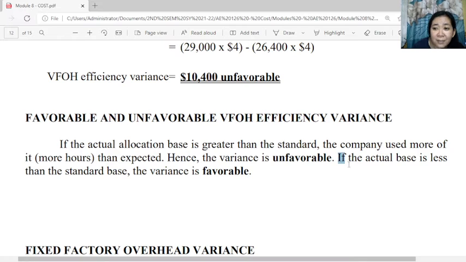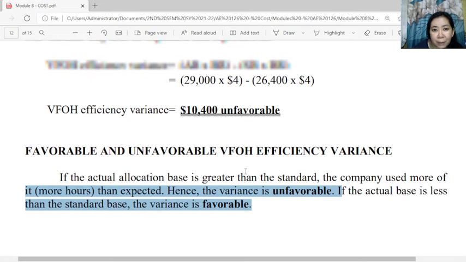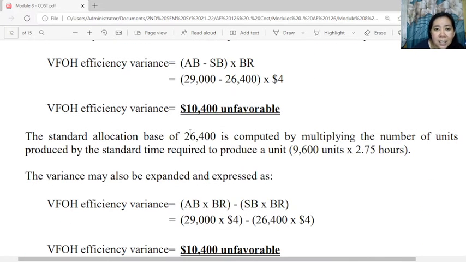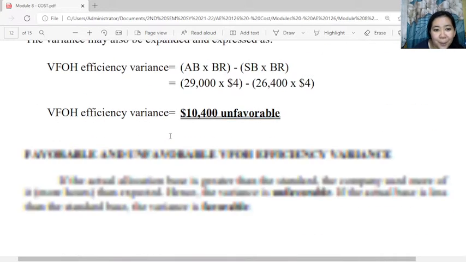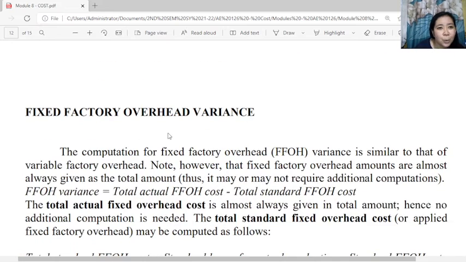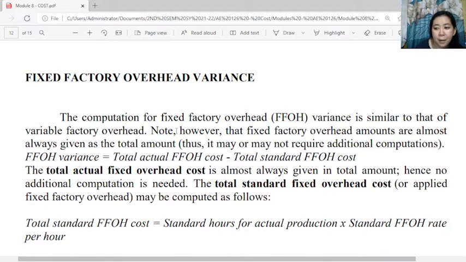On the other hand, if the actual base is less than the standard, the variance is considered favorable. In this case, since actual hours of 29,000 is greater than the standard or budgeted 26,400, the variance is unfavorable. Those are our variable factory overhead variances.